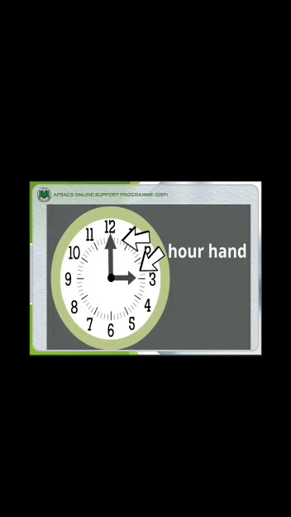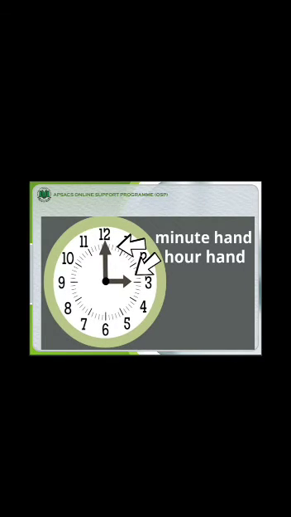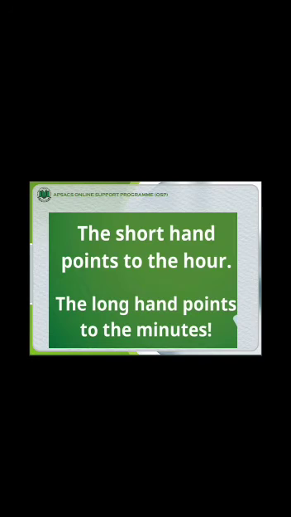It shows us what hour it is. The longer hand is the minute hand. It points to the minutes. Remember, students, the short hand points to the hour and the long hand points to the minutes.